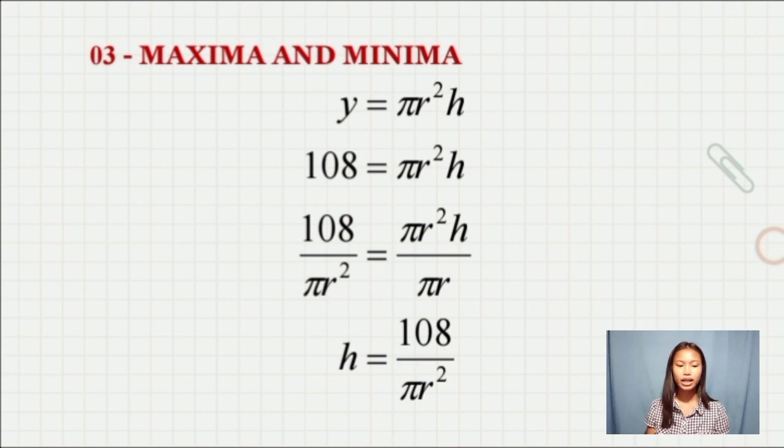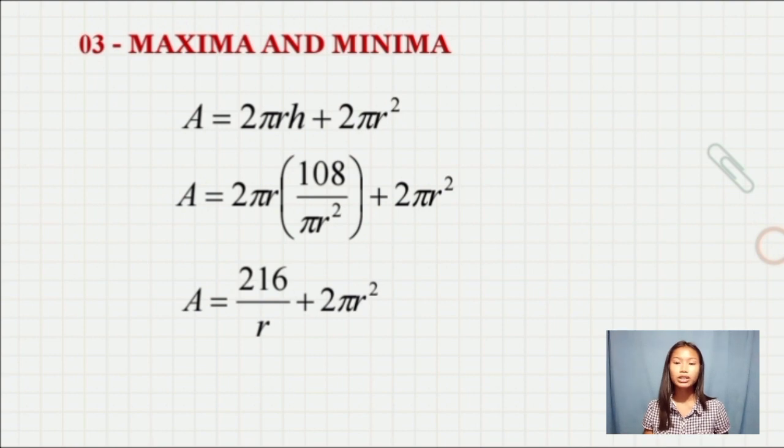So 108 equals pi r squared h. We will divide both sides in order for us to get the h. So 108 over pi r squared equals pi r squared h over pi r squared. Then our height of the cylinder is 108 over pi r squared.